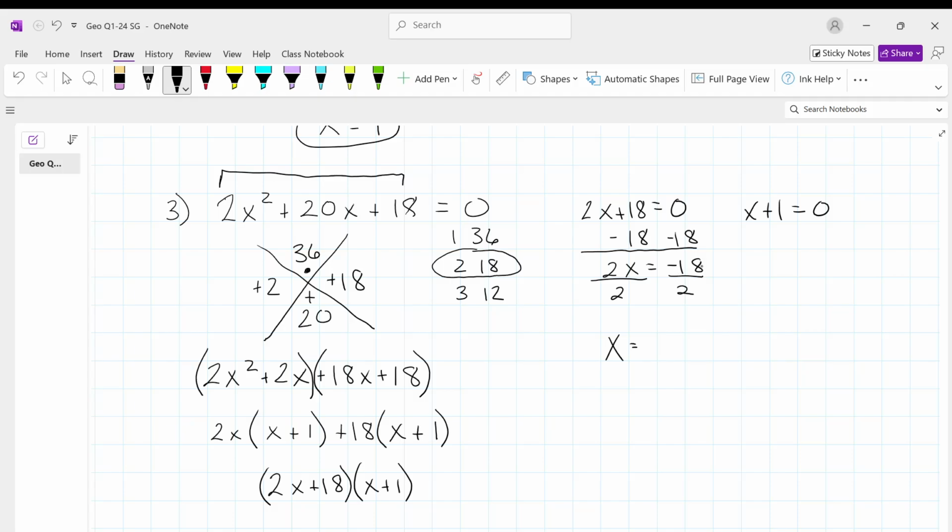And negative 18 divided by 2 is negative 9. And then in this other equation, subtract 1 from each side. Your x is equal to negative 1. So your solutions or your zeros are negative 9, negative 1.